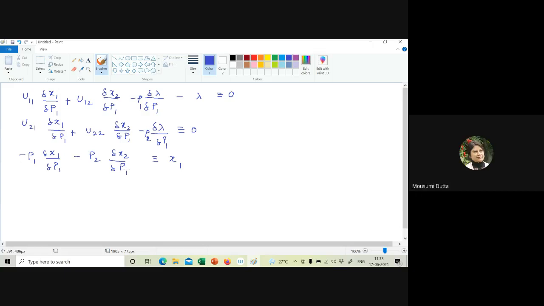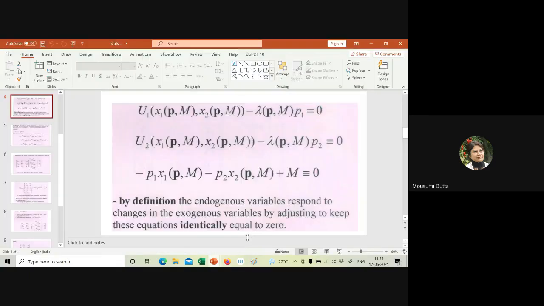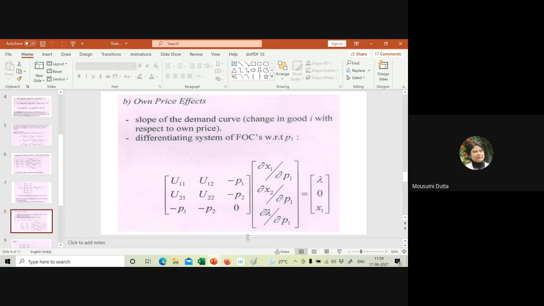Now write this in the similar format. These are linear in derivatives, so let me check everything first: u11, u12, minus p1 was right, u21, u22, minus p2, minus p1, okay. I hope signs are all right. I checked, and it will be best if you also check.